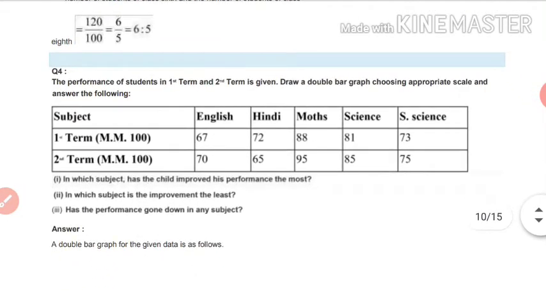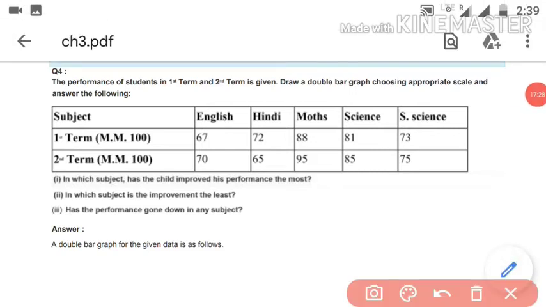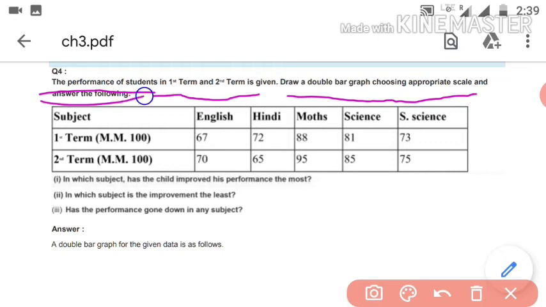Now come to question number 4. Question number 4, the performance of students in term 1 and term 2 is given. Draw the double bar graph using appropriate scale and answer the following. Now you have to draw double bar graph for term 1 and term 2.